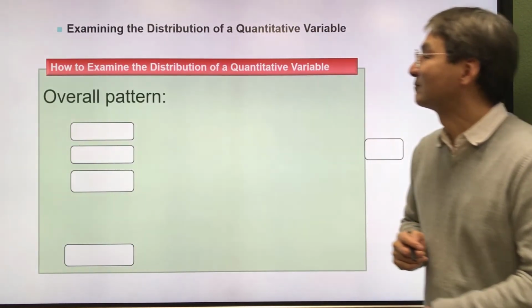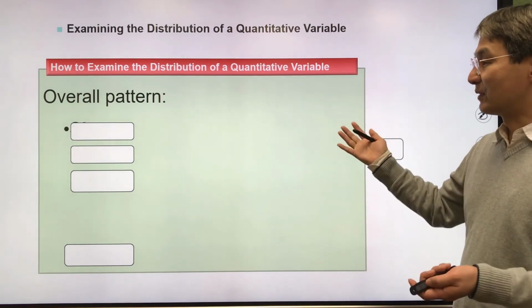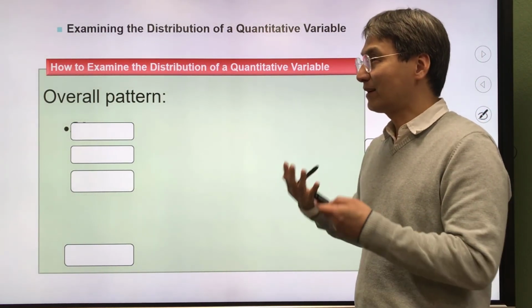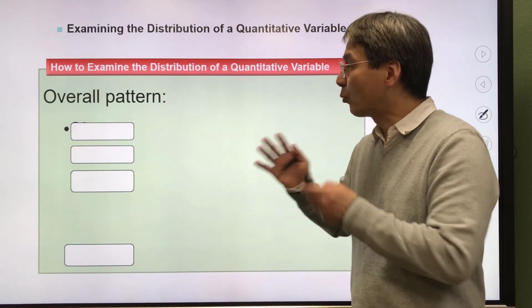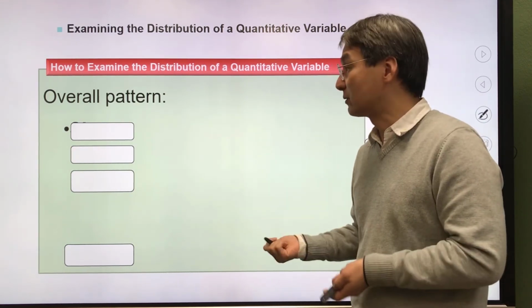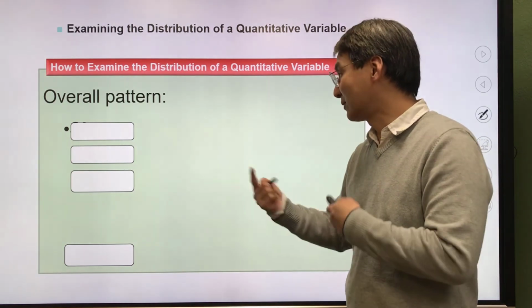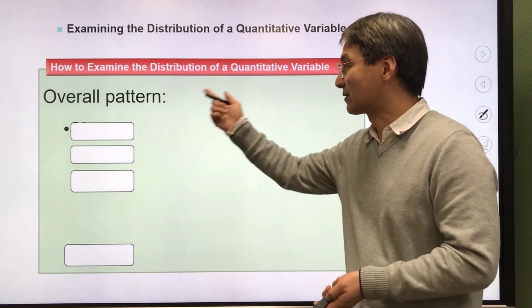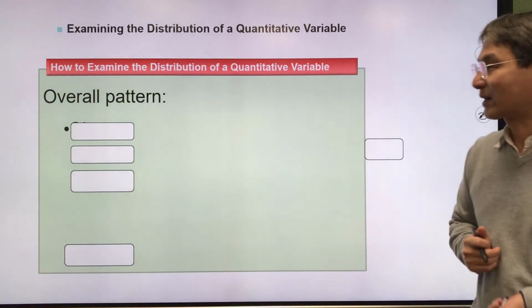Next, a distribution is given, and you are asked to describe the distribution. It's a little bit vague. So what do you need to show in an FRQ? They ask you to describe the distribution, and there are a lot of things we can say about a distribution, so I give you some directions.